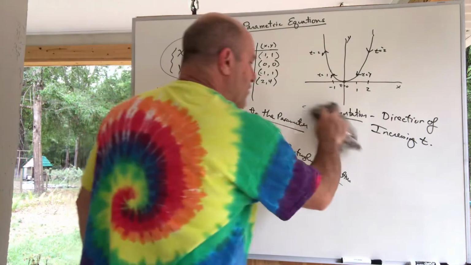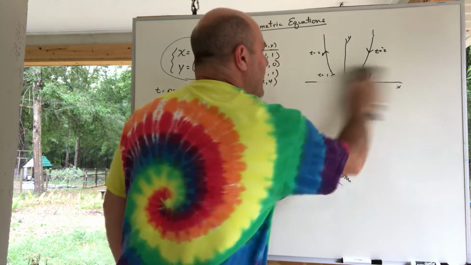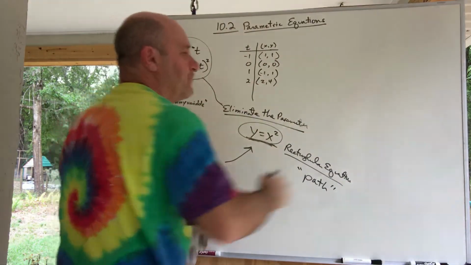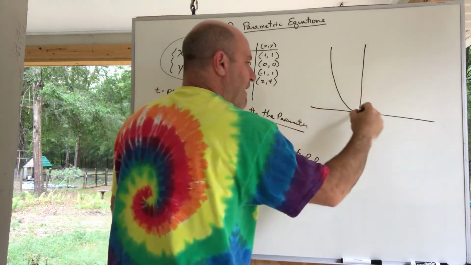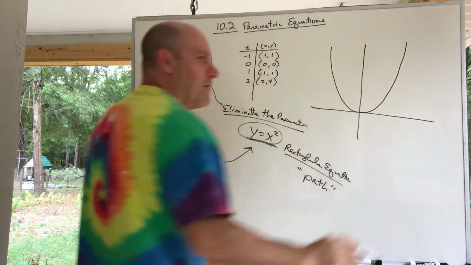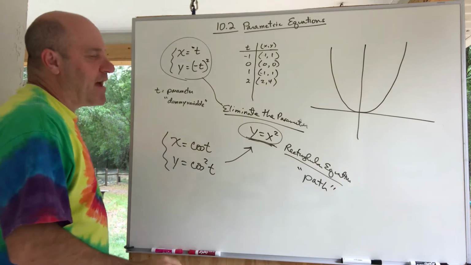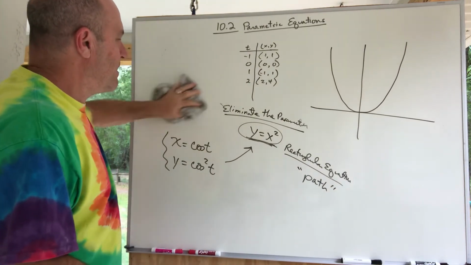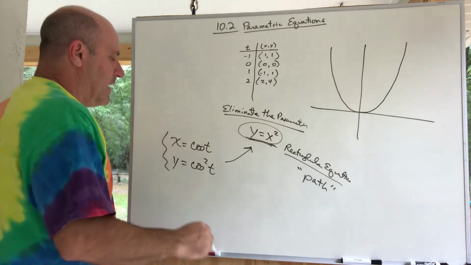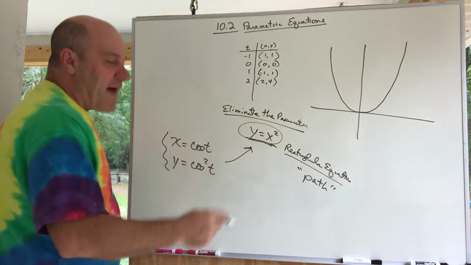But hold on, I want to show the orientation. I want to talk about this. But how am I traveling on this parabola? Let's see here. I could plot points, that helps.